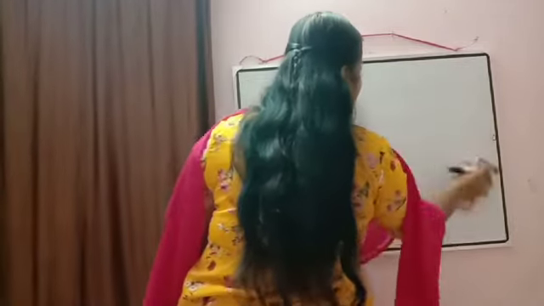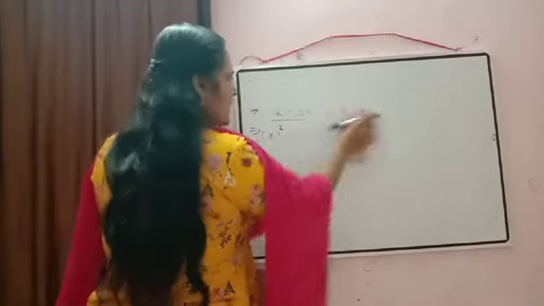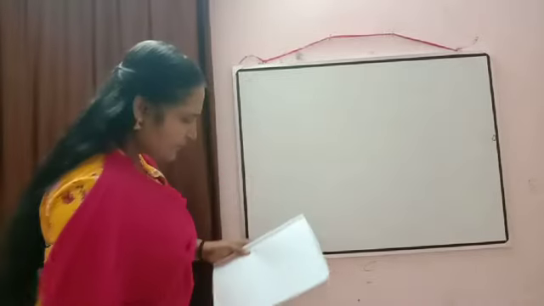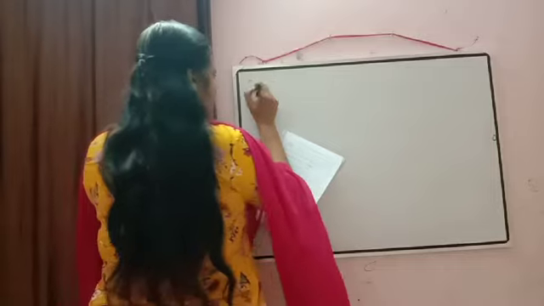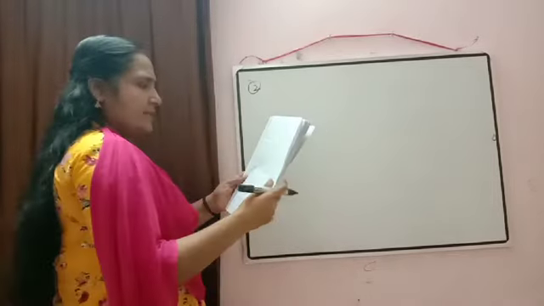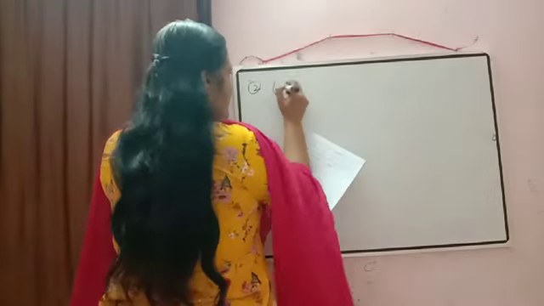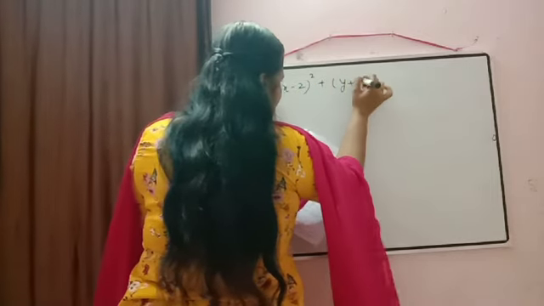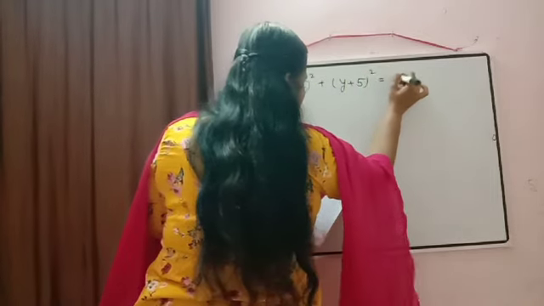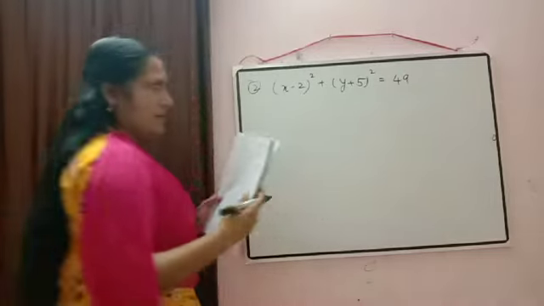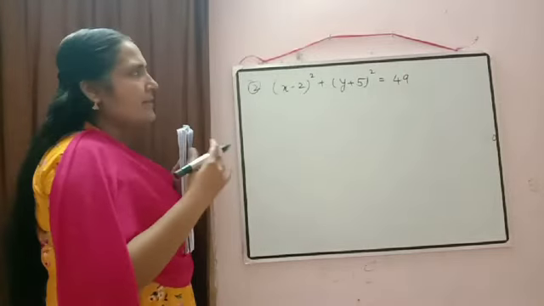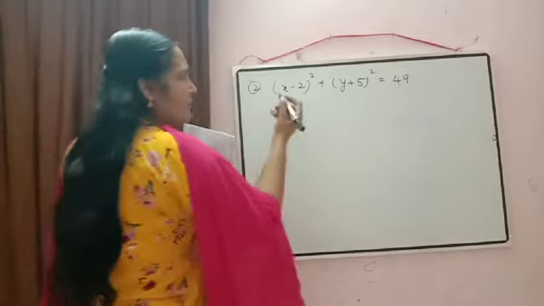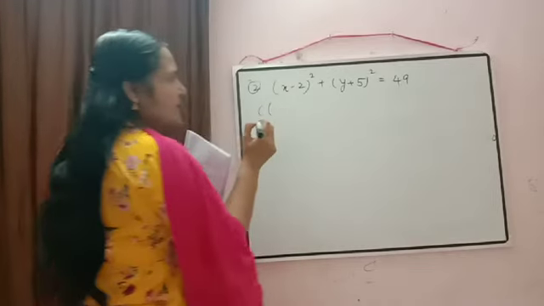Okay. So some more questions, or it will depend on the question. If it is an easy question of first type, directly we can write down the center. So in the second one, the question is: find the center and radius. X minus 2 the whole square plus y plus 5 the whole square is equal to 49. So I think this is already in the general form there. From here only we can write what will be the center.